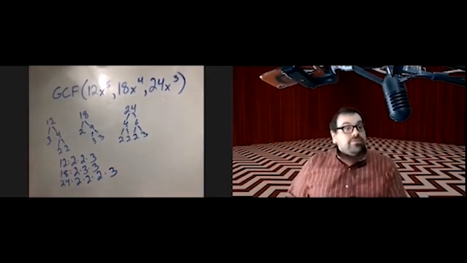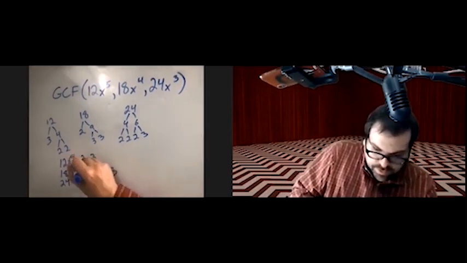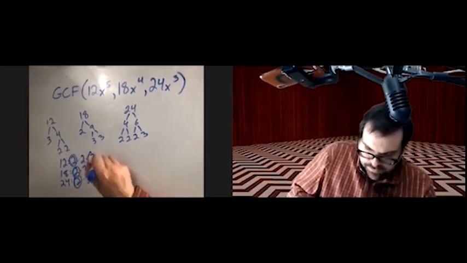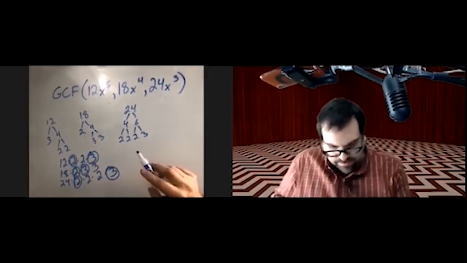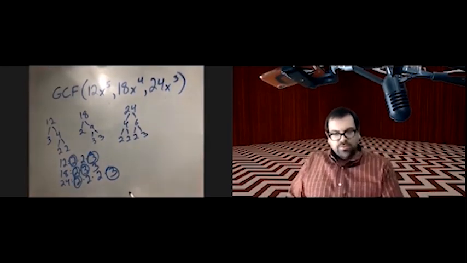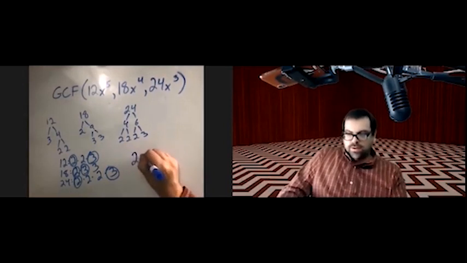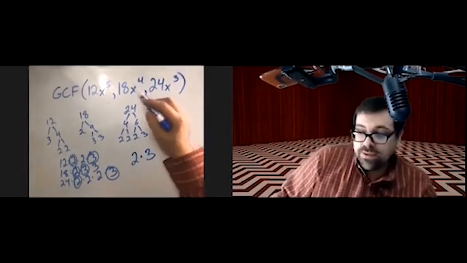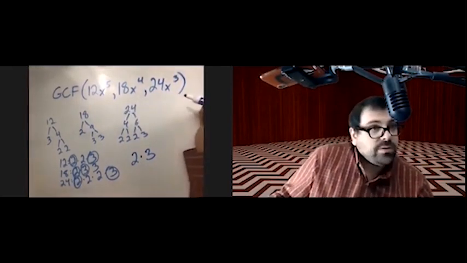What's in common to everything? Well, we got some 2s. Looks like we got 3s. Nothing else in common to all 3 things, just a 2 and a 3. What about the variables? x to the 5th, x to the 4th, x cubed.